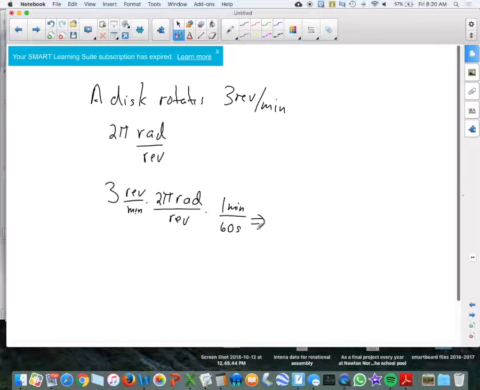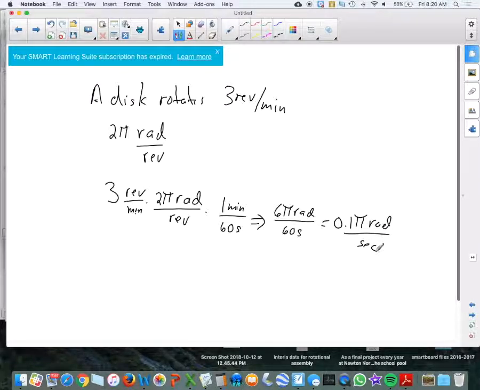If you do that all out, you end up with 6 pi radians per 60 seconds, which is 0.1 pi radians per second.